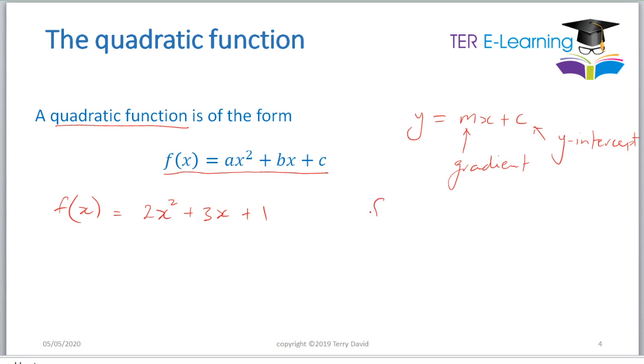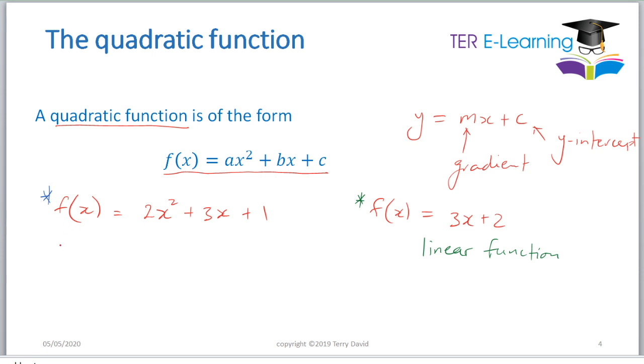If I have something like f of x is equal to 3x plus 2, this function is not a quadratic. This function is a linear function, whereas the function on the left-hand side is a quadratic function.